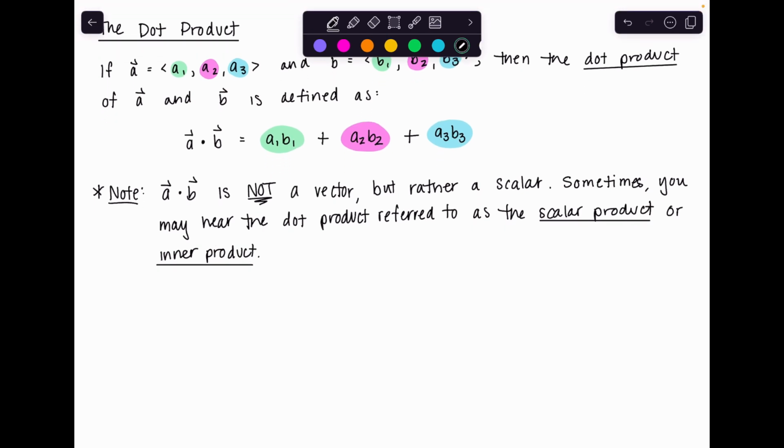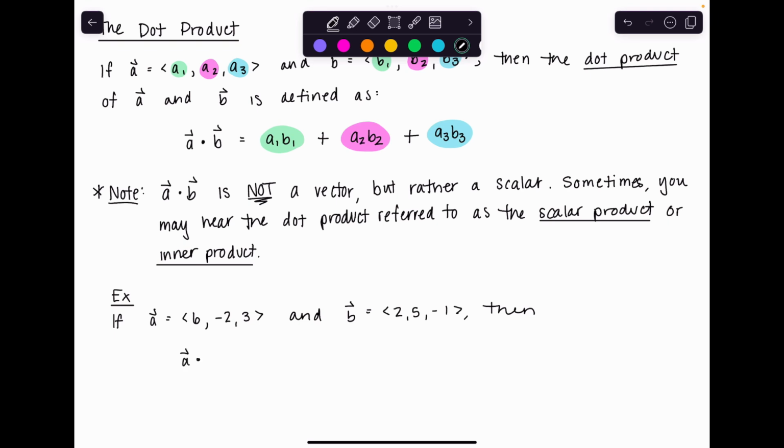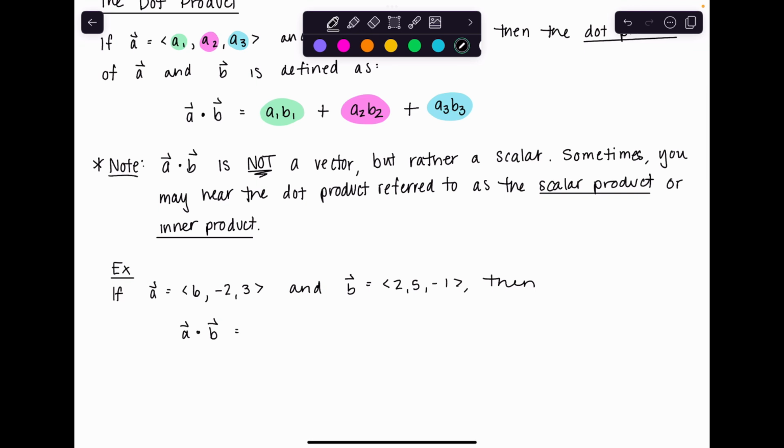So let's do a quick example. Let's say A is the vector 6, -2, 3, and B is the vector 2, 5, -1. If we find the dot product of these two vectors, A dot B, we multiply like components. In the X spot is 6 and 2.